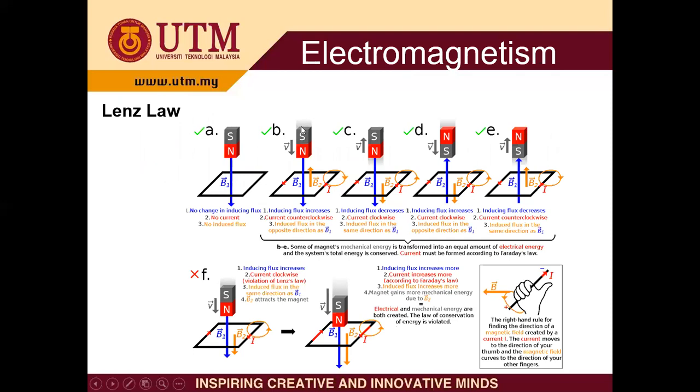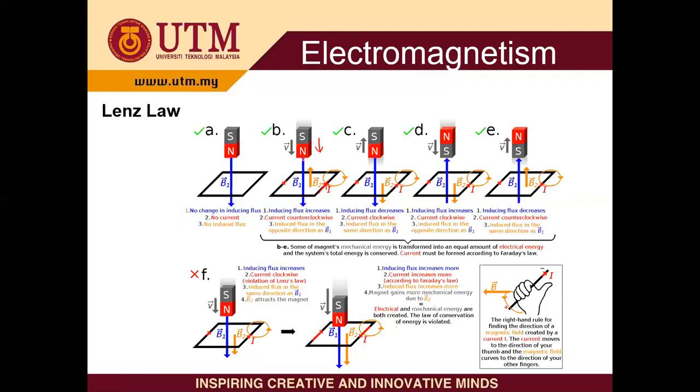For example, you have this permanent magnet here, and a coil here. When you push the magnet into the coil, a current will be induced inside the coil, and the direction of that current will create a field that opposes the field due to this magnet.